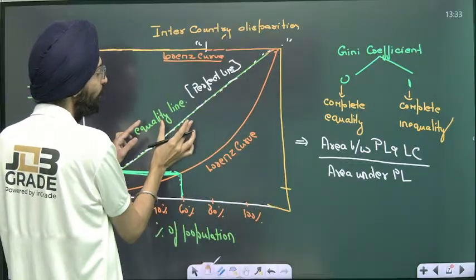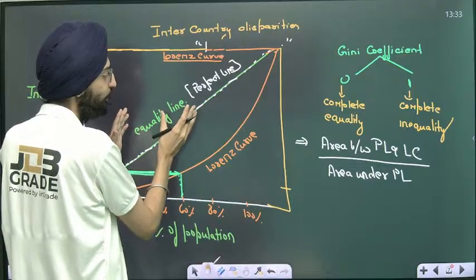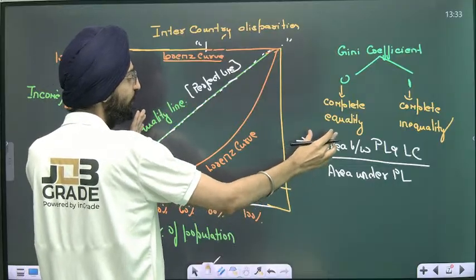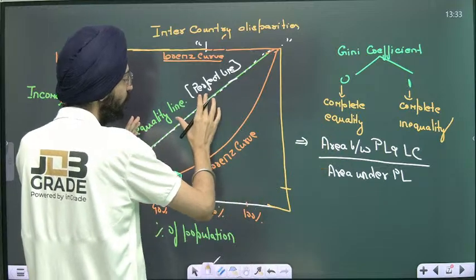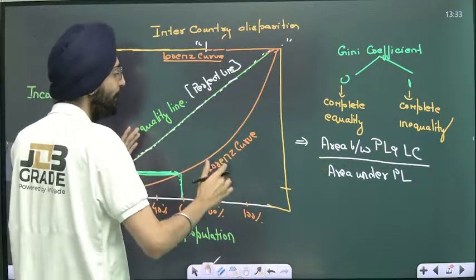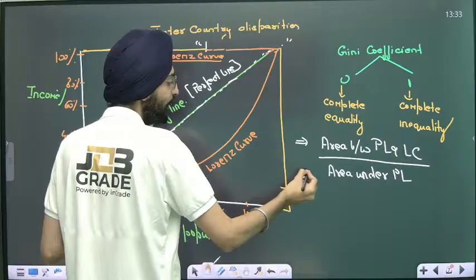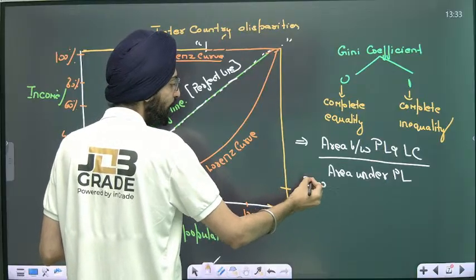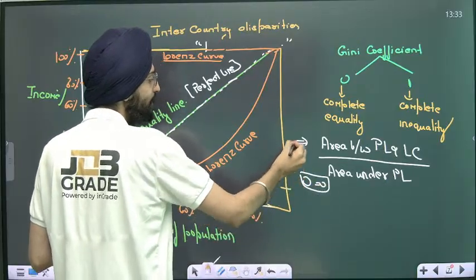Now if you calculate this Gini coefficient, that's the area between a perfect line and a Lorenz curve, it will come out to be 0 because there has been an overlapping. If a numerator is 0, it will turn out to be 0. That means there has been a complete equality.